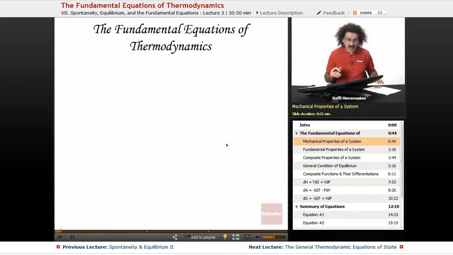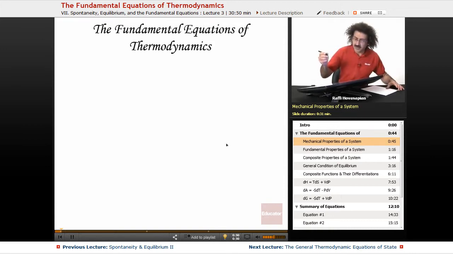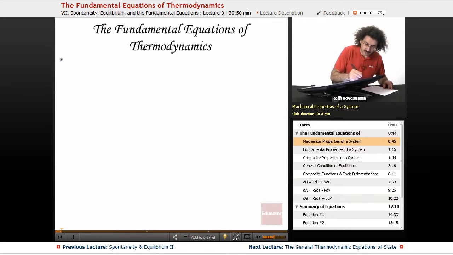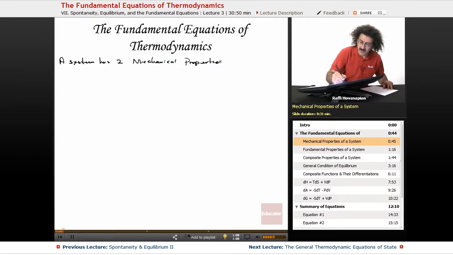Okay, so a system has two mechanical properties, what we might call mechanical properties.